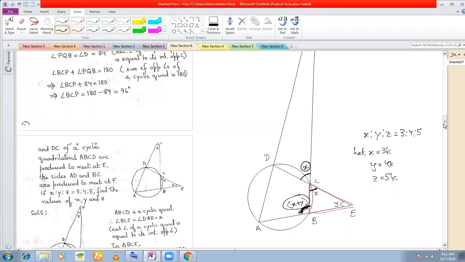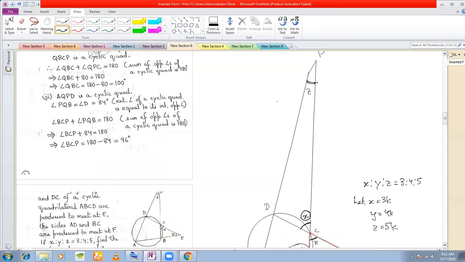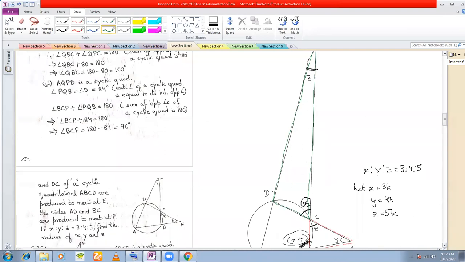Now you consider this big triangle. This time you consider this triangle DCP, this one. If you look at this triangle, then X and Z are two interior angles, and these two interior angles are opposite to which exterior angle?